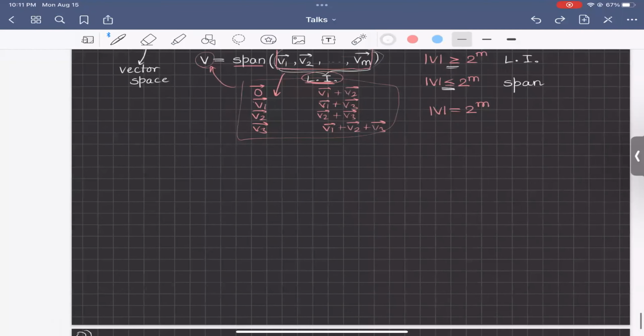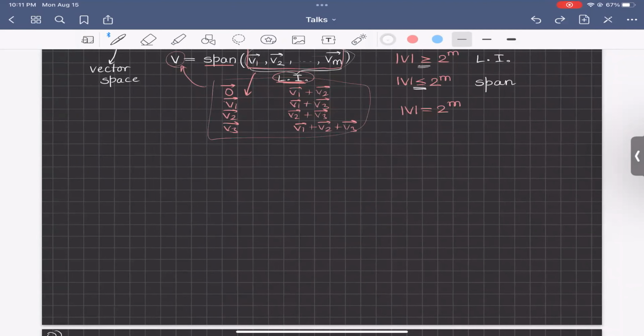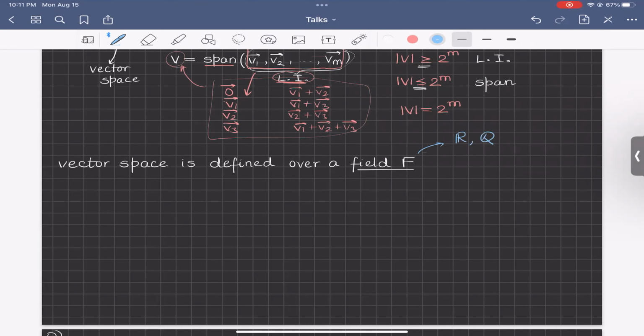To say it formally, a vector space is defined over a field. I don't want to get into what a field is, but some examples of fields that you know are the reals with their normal addition and multiplication, or the rationals with the natural addition and multiplication.